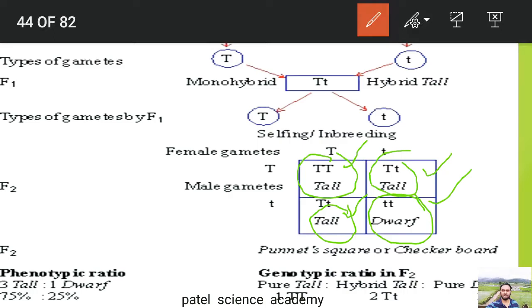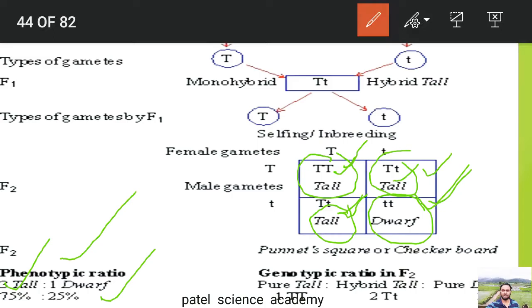So that's why the phenotypic ratio is 3 is to 1, 3 tall and 1 dwarf. So 75% is tall and 25% is dwarf. So this is the tallness and dwarfness ratio.